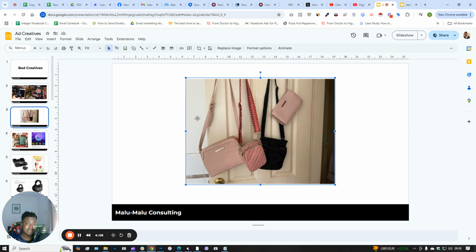So if you're selling bags, the reason why this doesn't work is because number one, it looks a bit too tacky, number two, the quality is a bit low, and the main reason, and I've spoken about this in my previous videos, is you're selling too many products. So whenever you want to use some sort of a creative, I suggest you focus on one single product in that creative, one center of focus. Does that make sense? So if I was to do this, I would rather focus on one.